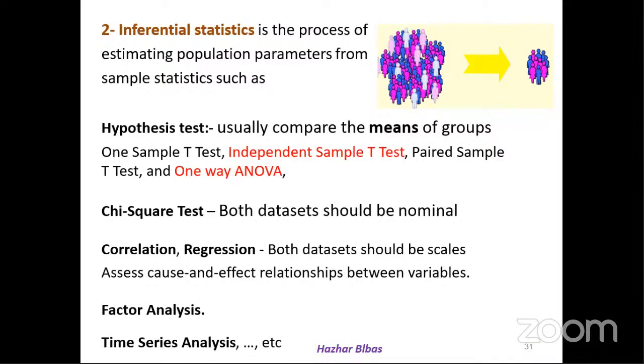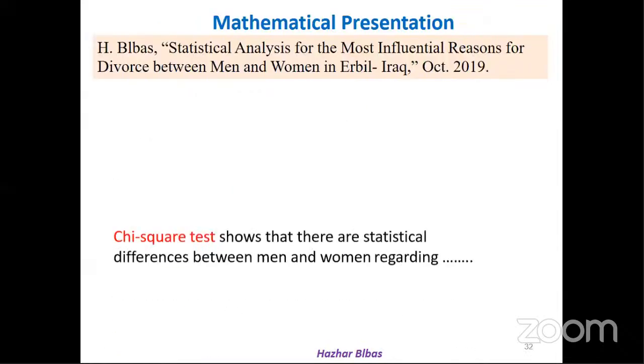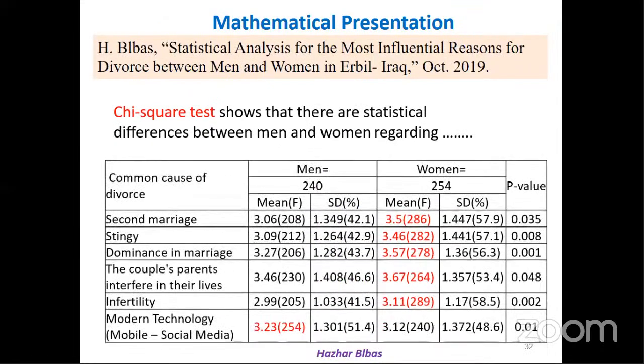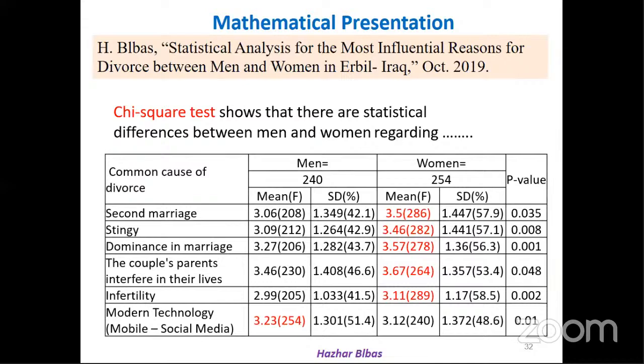Time series analysis and Excel. Chi-square. From here, what you're going to do is see the association between these common causes or reasons for divorce: second marriage, stingy, dominance, couple parents, infertility, modern technology, with the gender, men and women.